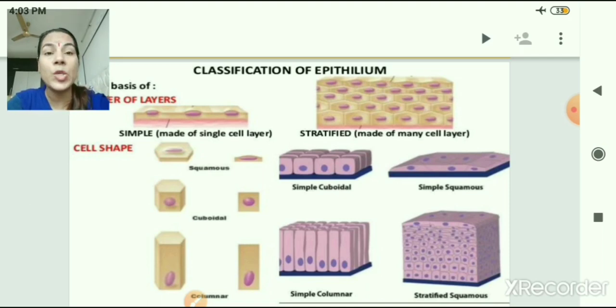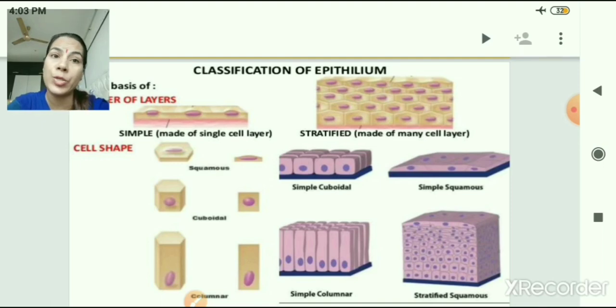Now, on the basis of cell shape also, epithelium can be divided into different groups. When the cell shape is squamous, it will be called squamous epithelial tissue. If the cell shape is cuboidal, it will be called cuboidal epithelial tissue.